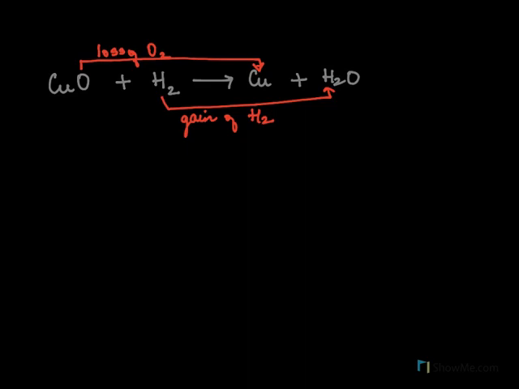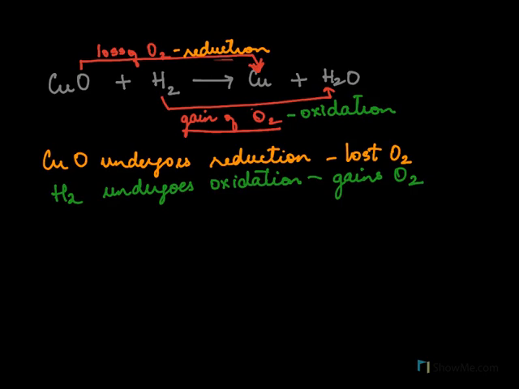If you look back at our definition, a loss of oxygen is reduction. I had written oxidation, it's wrong. Loss of oxygen is reduction. So copper oxide undergoes reduction because it has lost oxygen, whereas hydrogen gains oxygen to give you hydrogen oxide, that is water. So hydrogen undergoes oxidation because it gains oxygen.